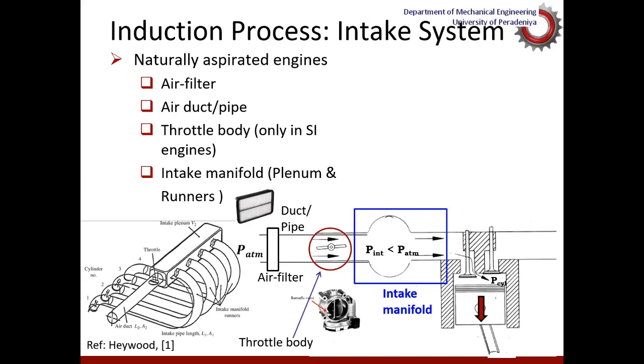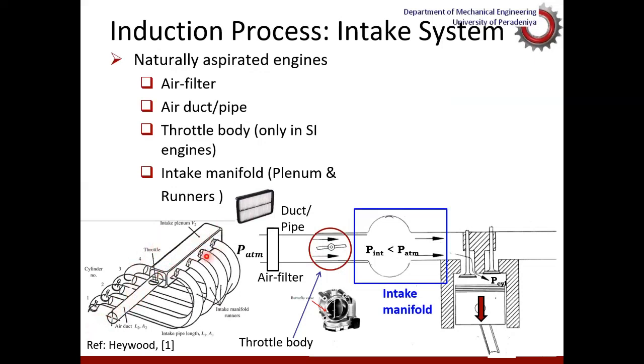Now, we looked at these components in the induction process earlier also. As you can see here in this picture, the induction process starts from this point where the air is sucked in through the air filter, and then it is taken to the intake plenum via an air duct or pipe.